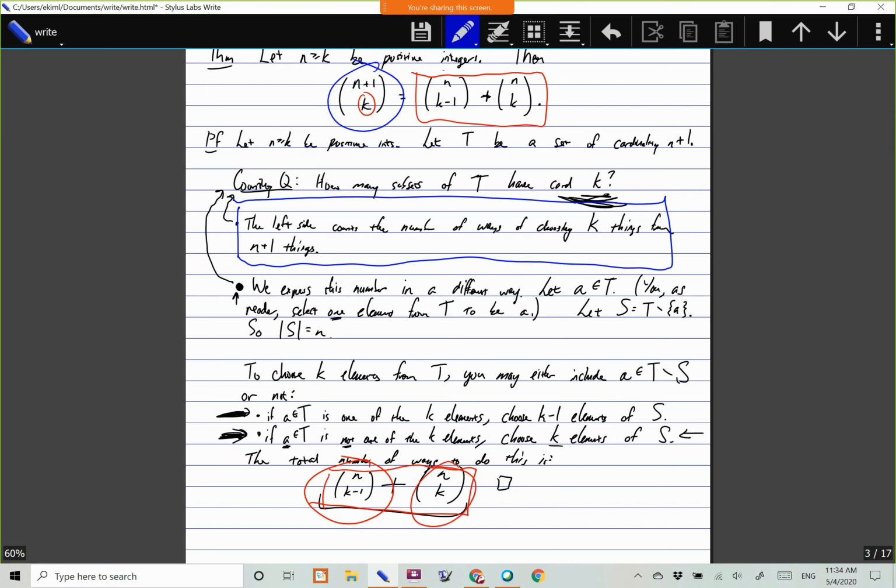But if you didn't pick a and you intentionally are saying, let's only think about the subsets that don't have a, then there are n choose K ways. You see what's going on here? The whole point is S is all of T with the exception of one element a. And we're counting the subsets of T of cardinality K that have a separately from the subsets of T of cardinality K that don't have a. That's all that's happening.